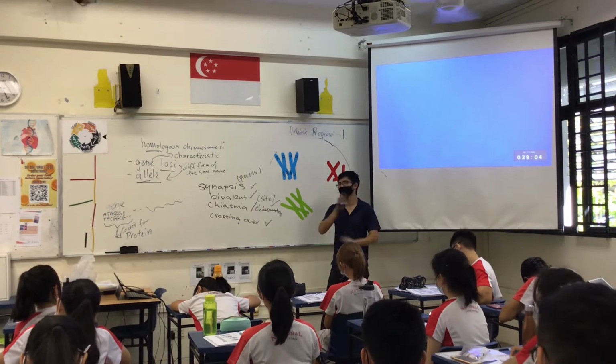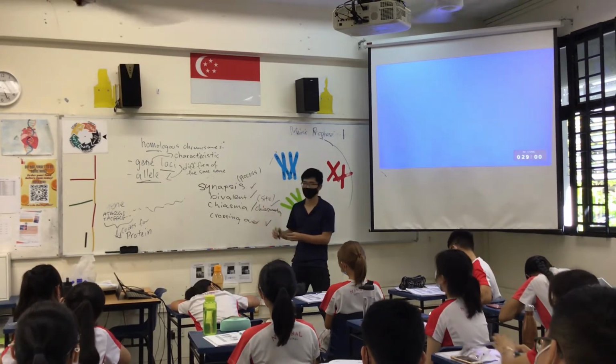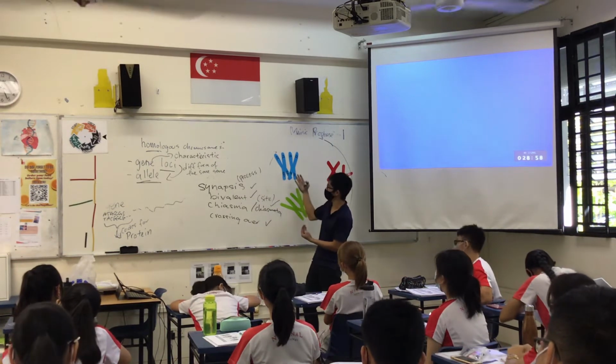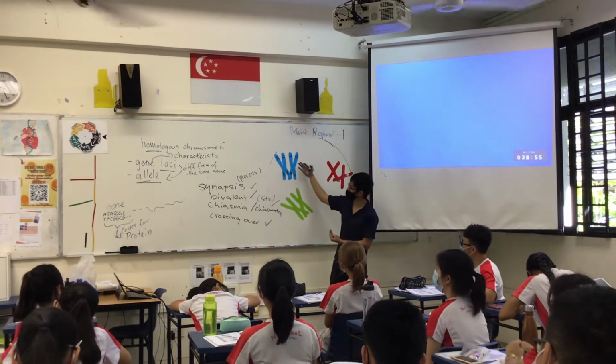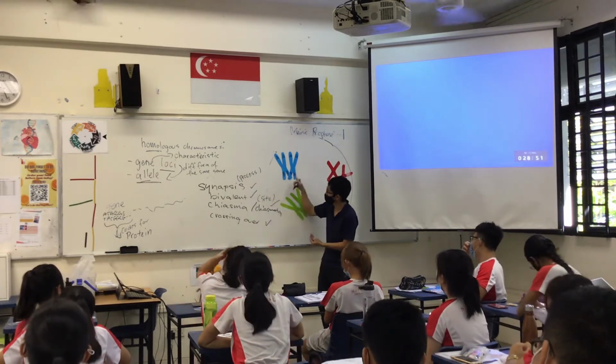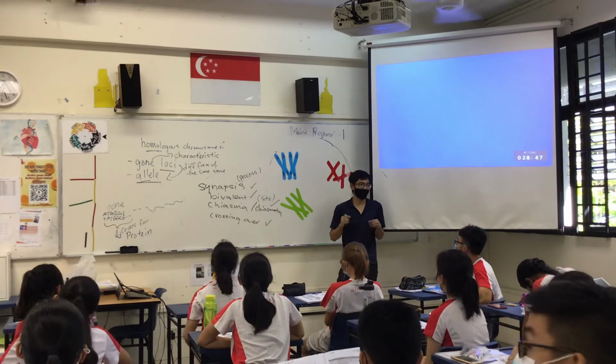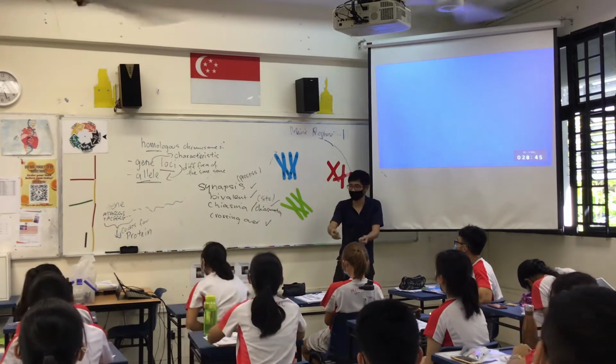If we put things in simple terms, if I did not use the word synapsis or chiasmata, I could still describe this. I could say that homologous chromosomes pair up to form bivalents, and there are points where they cross over. Then we add in all the more complicated words.